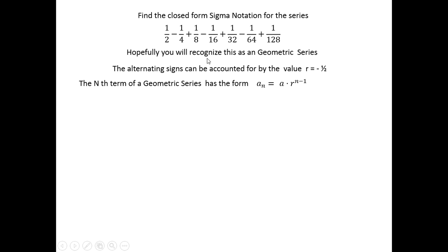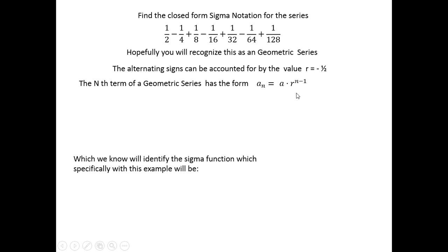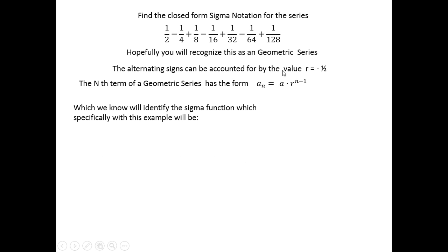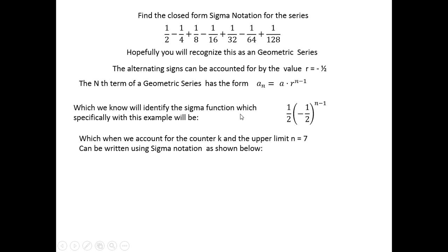Again, a is the first term, r is that common ratio, and n is the term in question we're trying to find. So applying that to our specific set of values that we found for a and r up here would give us this expression for the nth term of this alternating geometric series, okay?